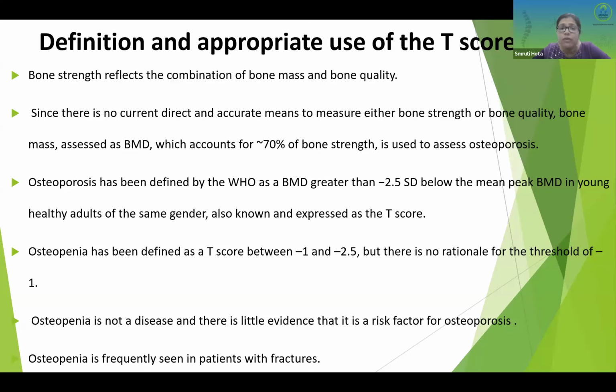There is no strong evidence that a T-score of -1 necessarily predicts future fracture. Yet, in clinical practice, many fracture patients, especially elderly females, fall into the osteopenic range. So osteopenia, while not a disease, often represents a warning zone, a stage where prevention and lifestyle modification can make a huge difference in future.